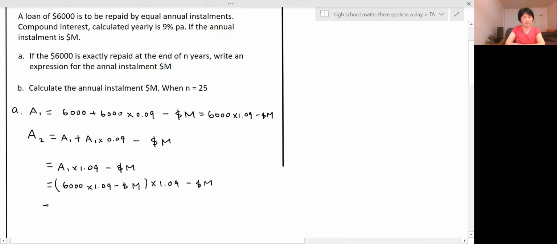Okay, this one will be equal to this 1.09 I explained. So this times this will be equal to 6,000 times this 1.09 squared. Then minus this one times this.